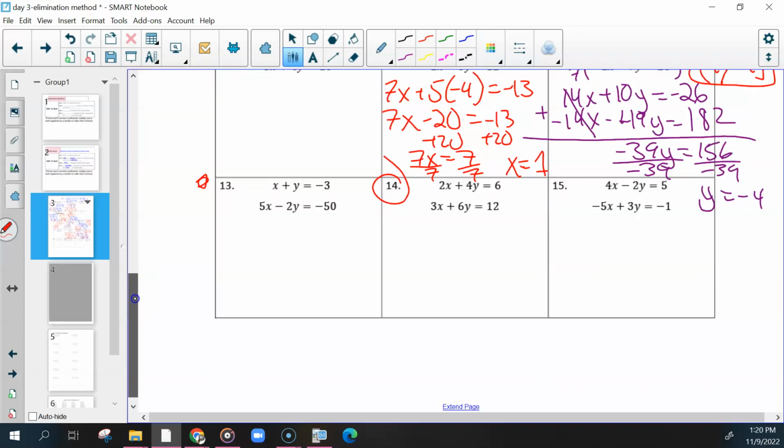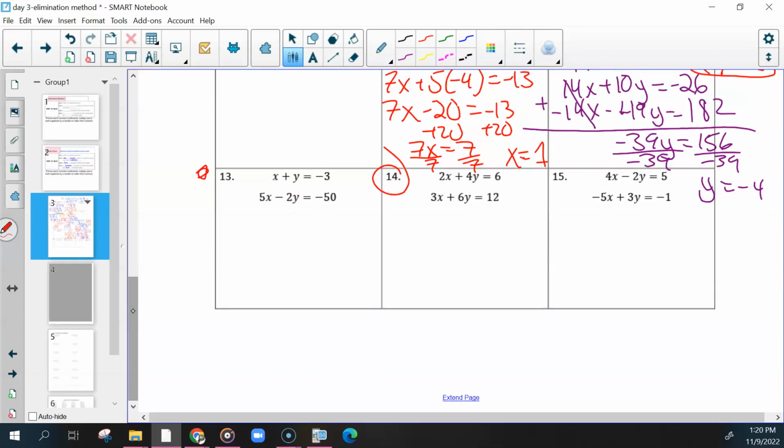Do we have those? No. So then what? Say that again. Okay. How would we do that? How would we find new common coefficients? Not yet. Multiply the top one by 5 and the bottom one by 1.